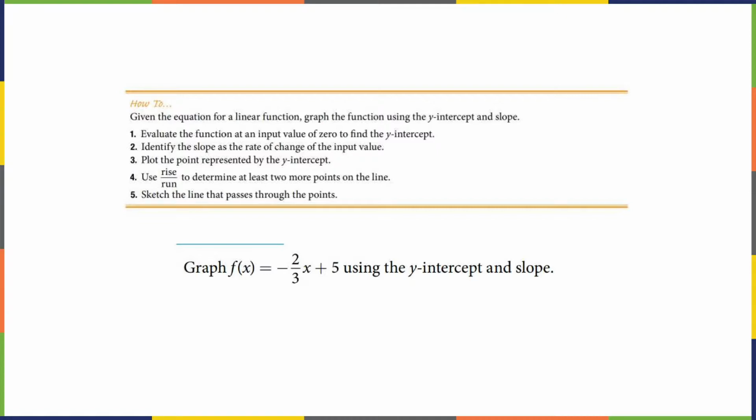It helps to do 2 more points because it makes it much easier to draw your line, okay? So in this case, my y-intercept is the point (0, 5), and I'm going to plot that first. Then, because my slope, my rise over run, is negative 2/3, I know I'm going to go down 2 and right 3 between each pair of points.